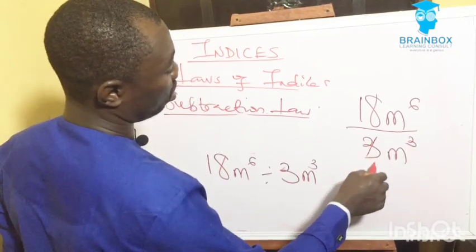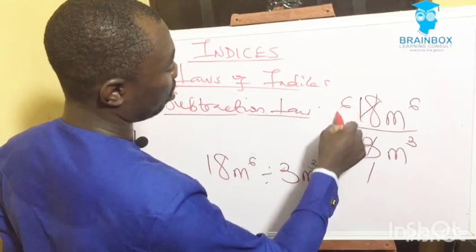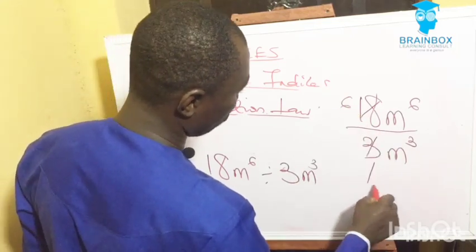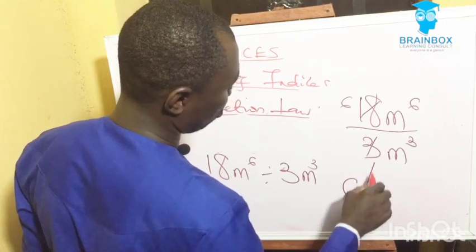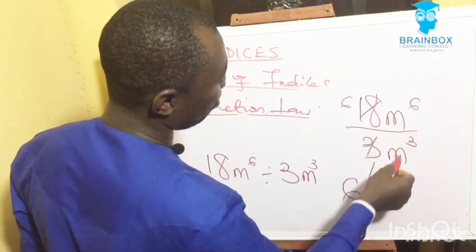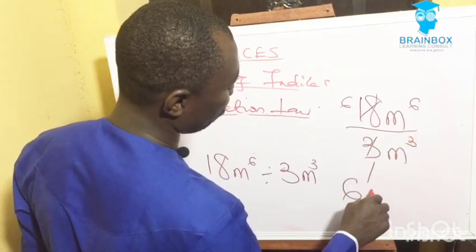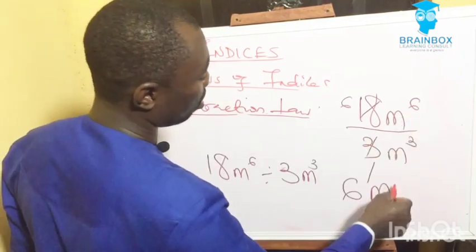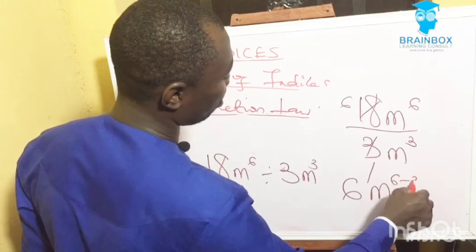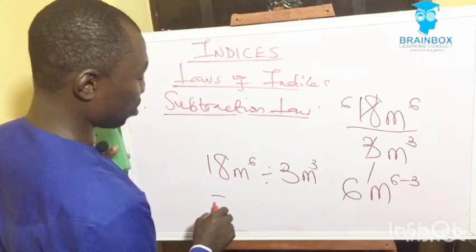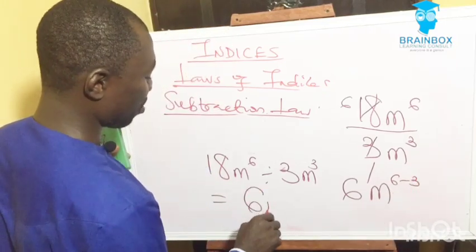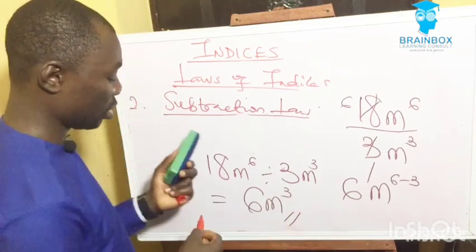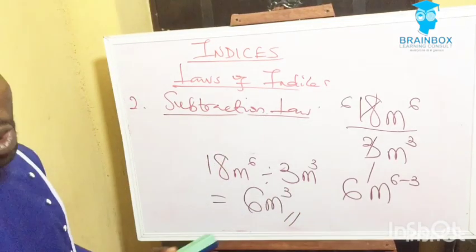So 3 times 6 gives us 18, so 18 divided by 3 will be 6. This is m raised to the power 6, m raised to the power 3. You pick one of the m, that's m. For the subtraction law, I said you subtract the power. So that's 6 minus 3. That will give us 6m raised to the power of what? 3. Following the subtraction law.